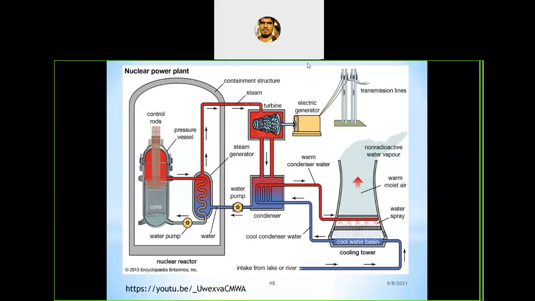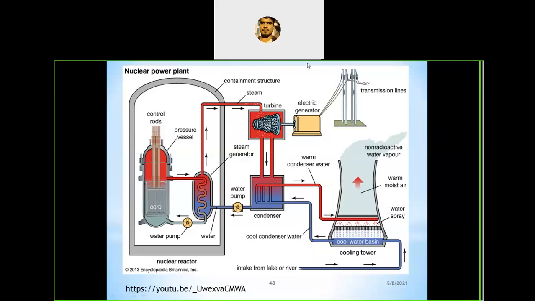So here we are using hydrogen atoms, deuterium D and tritium T. These are the two materials we are using for fusion reactions. It is not like splitting of atoms, it is joining of atoms, and by joining of atoms it liberates energy.